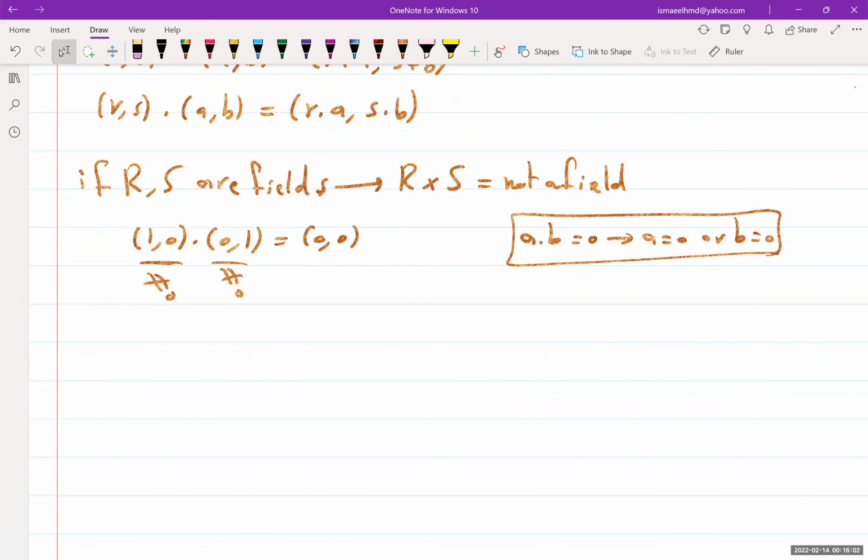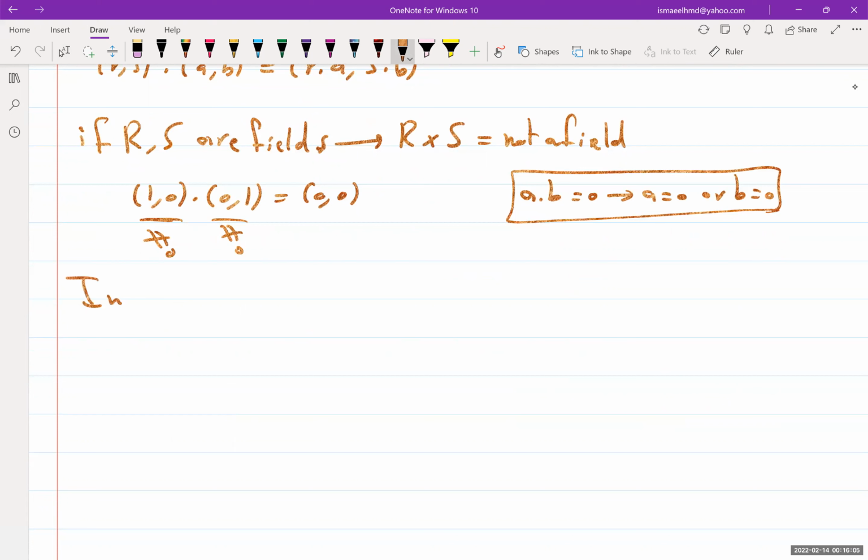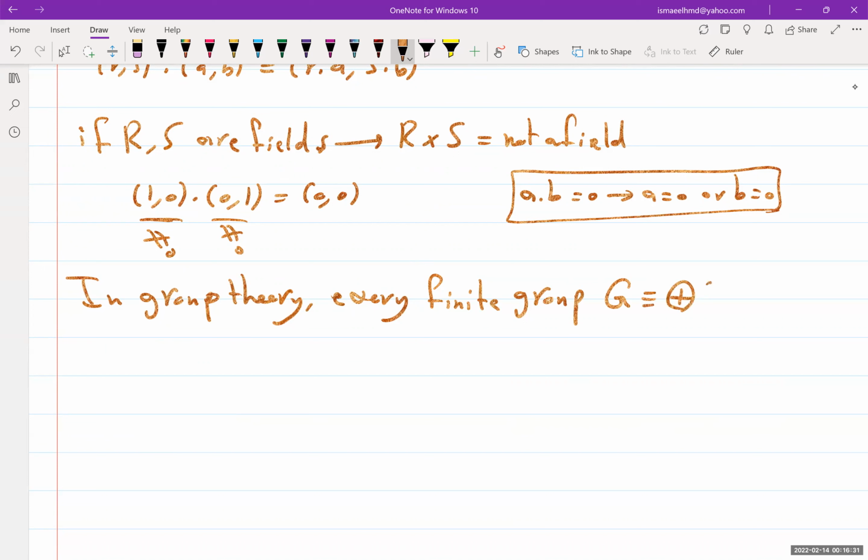Now, as in group theory, every finite group G can be written as the direct sum of Z sub n_i, where i goes from 1 to k.